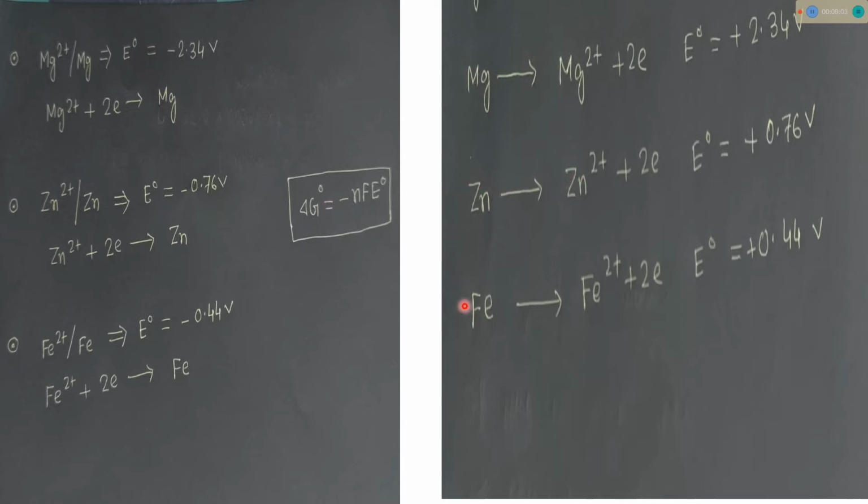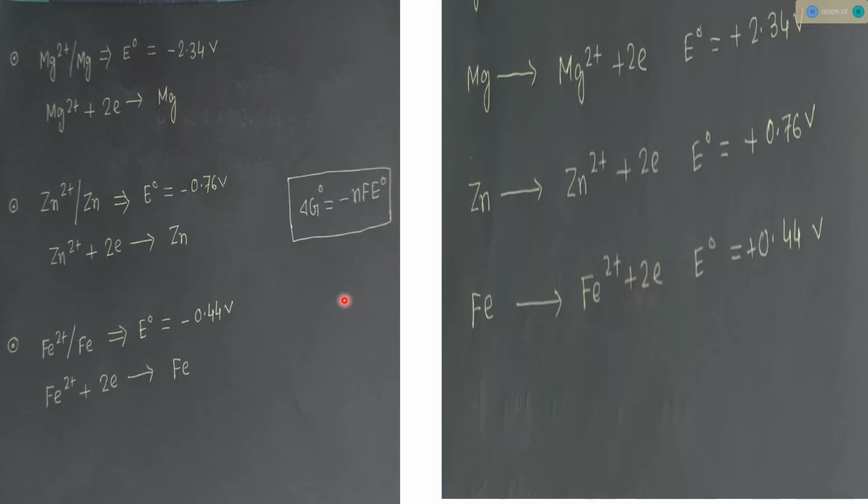So if we couple the Zn and Fe system, then this Zn reaction is more favorable than the other reaction. Zinc is easily oxidized and the released electrons are taken up by Fe2 plus, which transfers to Fe. In this case also both E0 values are positive, but in the iron case it is less positive.